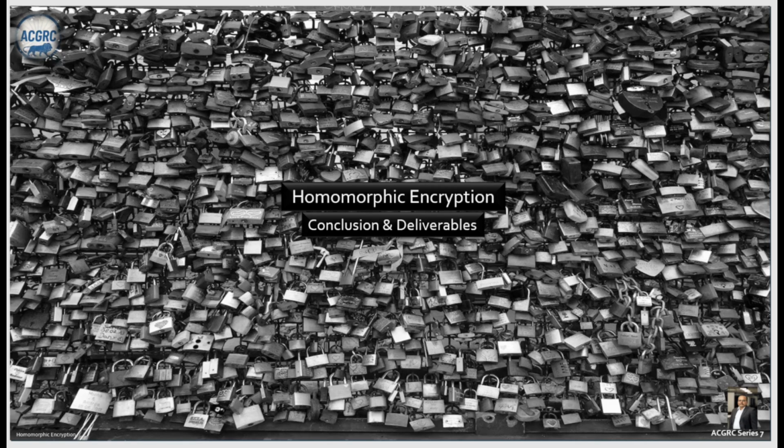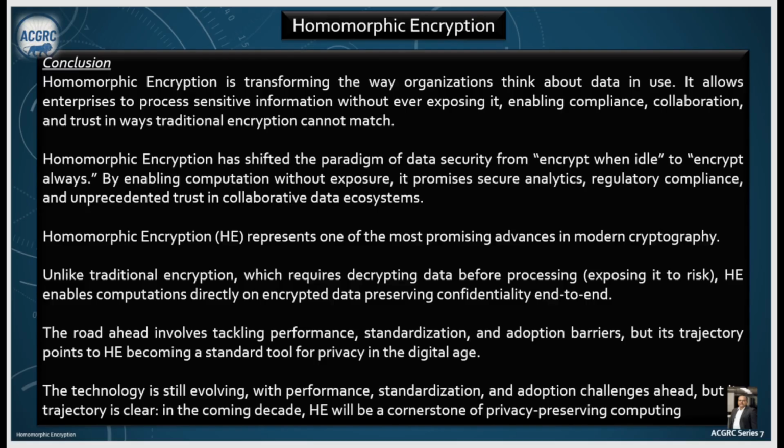Let's now look at conclusions. Homomorphic encryption is transforming the way organizations think about data in use. It allows enterprises to process sensitive information without ever exposing it, thus enabling compliance, collaboration, and trust in ways traditional encryption cannot match.